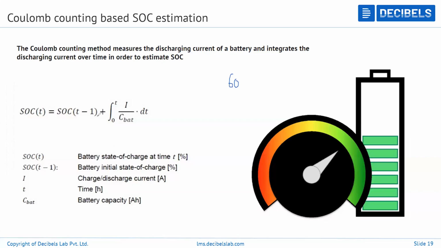So this is the initial value. Initially this has to be fed with the OCV, that is the voltage based SOC estimation. That initial value has to be fed and then taken into the calculation. That is how it works in reality.